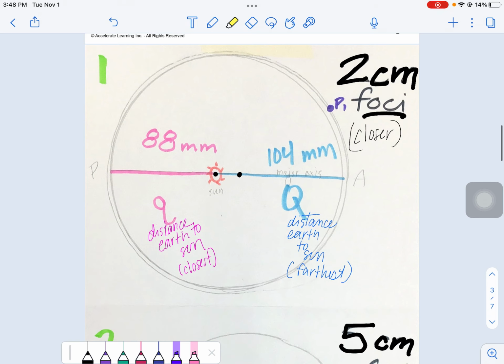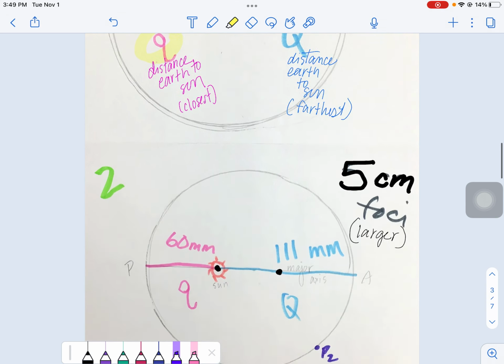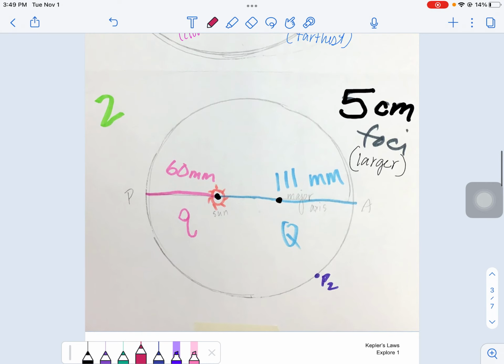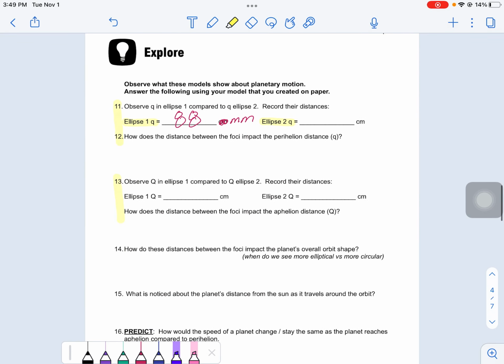Looking at my diagram, ellipse number 1, lowercase q, is a distance of 88 millimeters. That's my first measurement. And this was a little typo on our activity, so we did measure it correctly. Ellipse number 2, thinking about little q, is a distance of 60 millimeters.